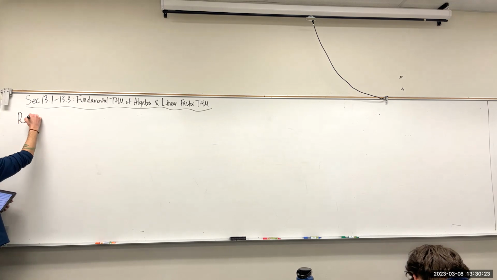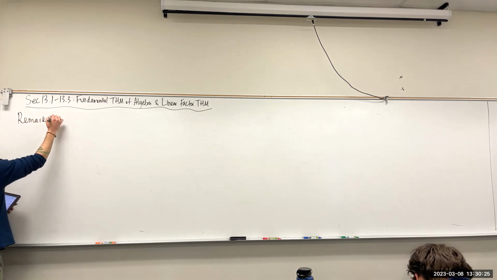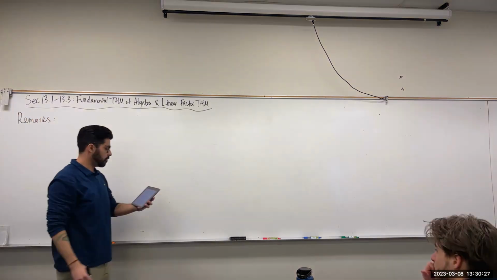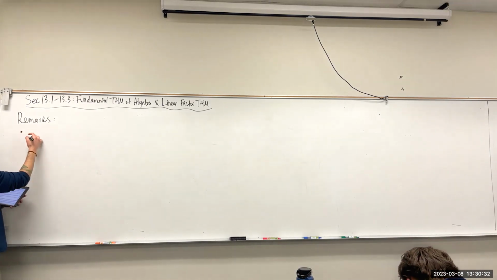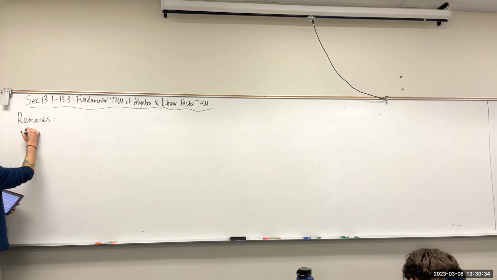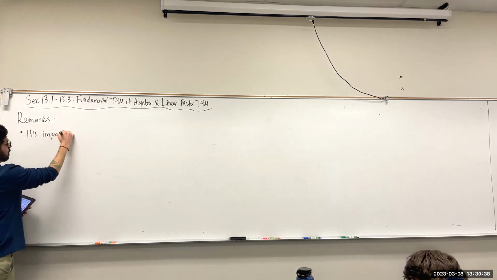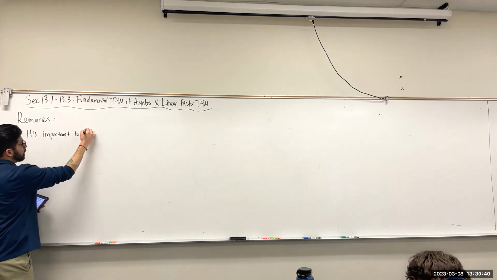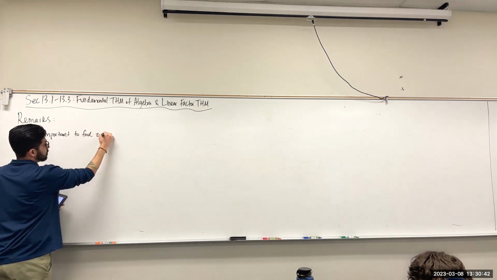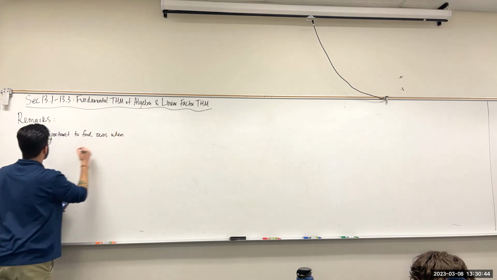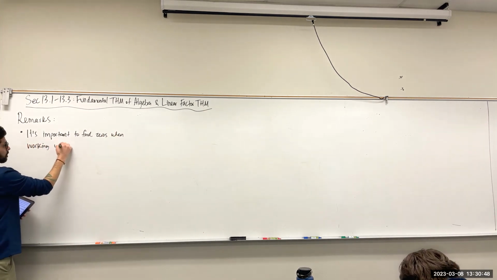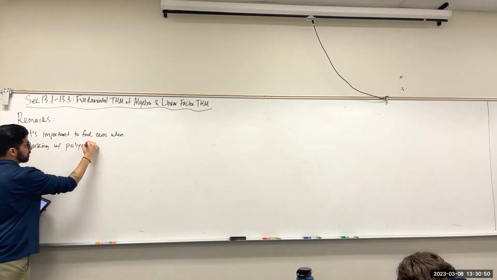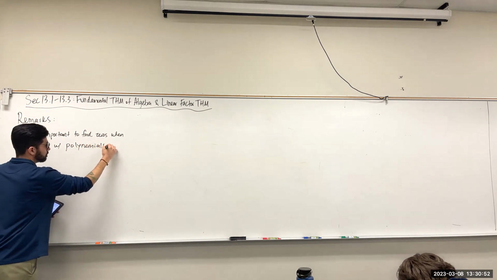So let me just start with some remarks that are important when we're dealing with polynomials. The first one is it's important to find zeros when working with polynomials. A very important thing we need to know.